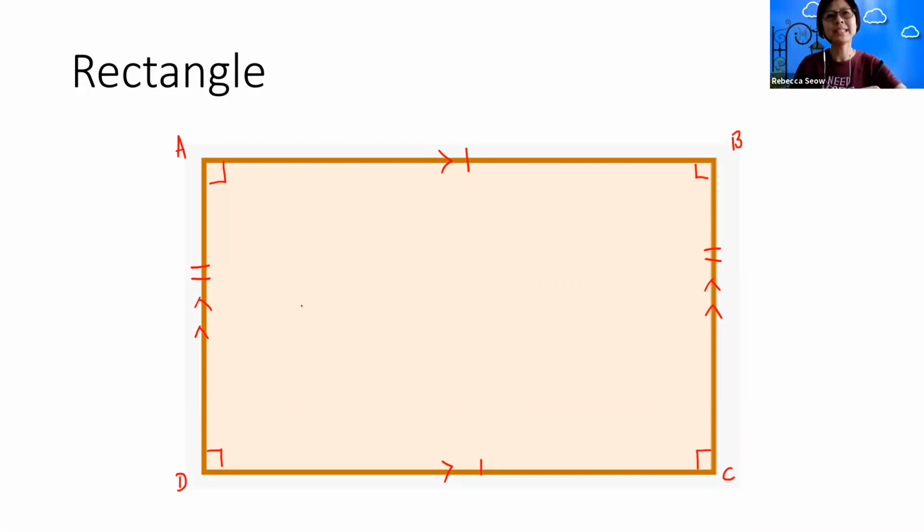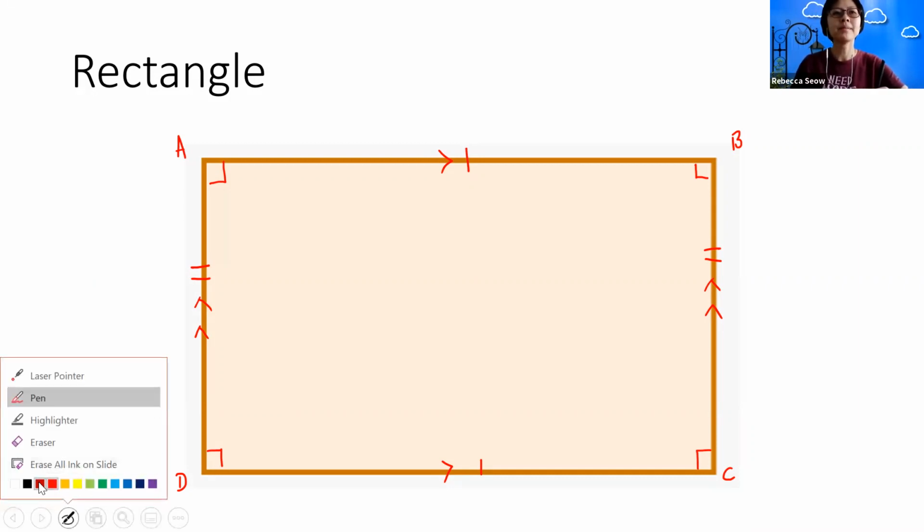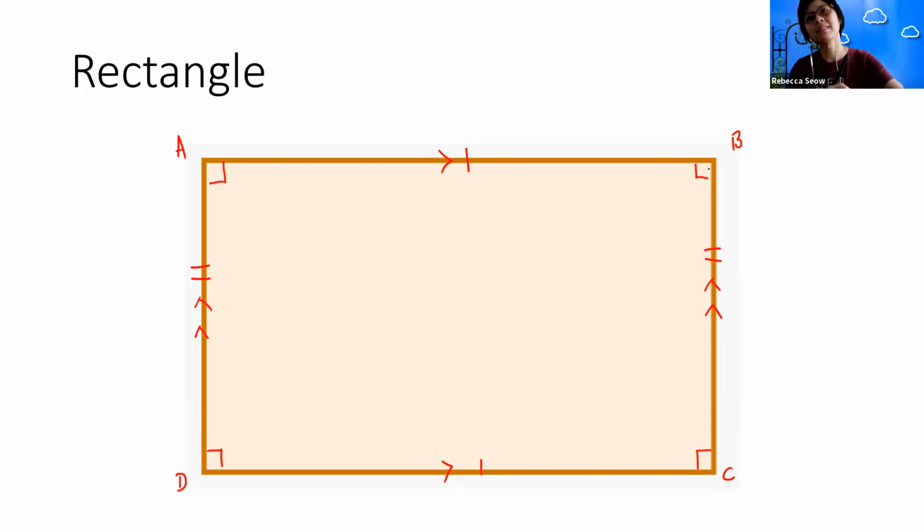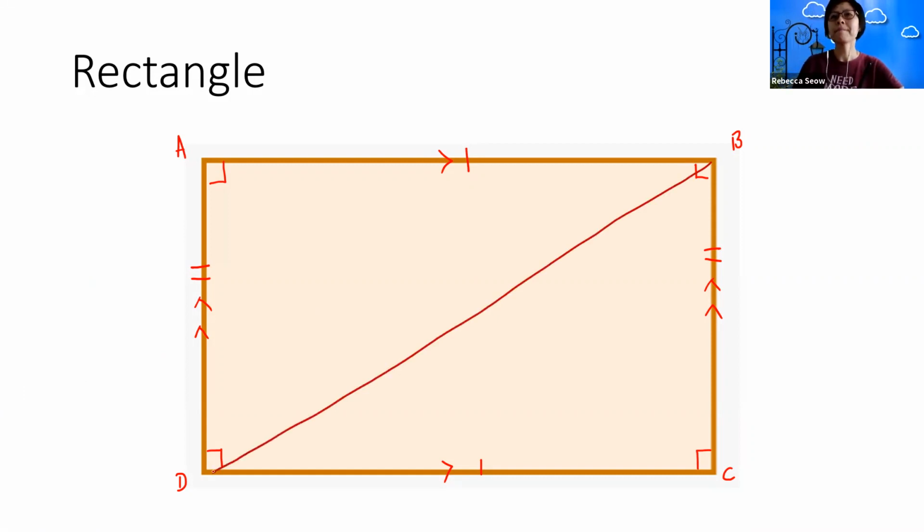Now, what other properties can we observe from a rectangle? Perhaps one thing that we can observe from a rectangle is when we start to draw a diagonal. Okay. Now, when we draw a diagonal across from B to D, what we notice is that it's made up of two right-angled triangles.